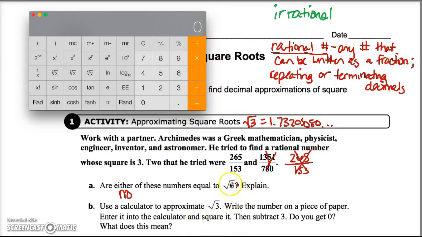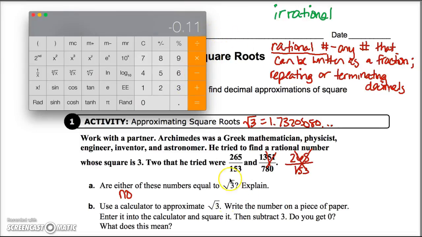Now, if we were to approximate the square root of 3, if we were not to take that exactly, let's say we just did 1.7. If I did 1.7 and squared it, you get 2.89, and then subtract 3, you don't get 0.